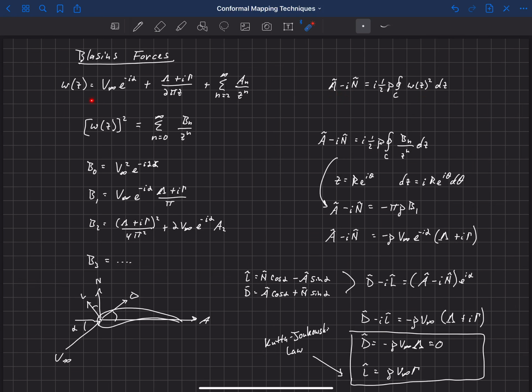We've taken a very general form of the complex velocity and shown that these forces depend only on the first term, b sub 1. That's the only term that matters, and we plugged in b sub 1 and put that in terms of lift and drag instead of axial and normal, and we're able to prove that drag is equal to 0 and that lift is directly proportional to circulation.